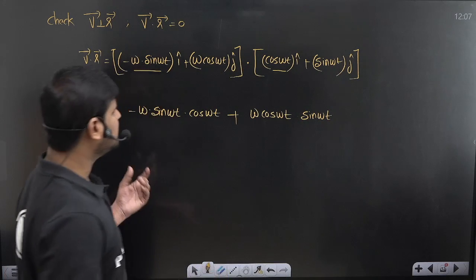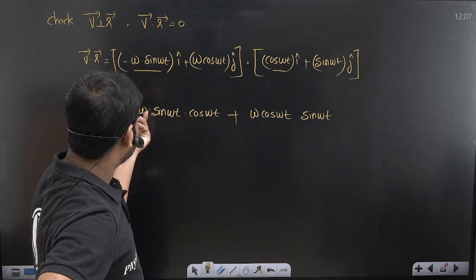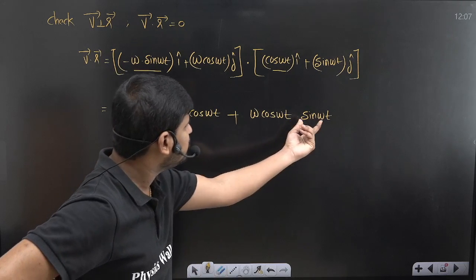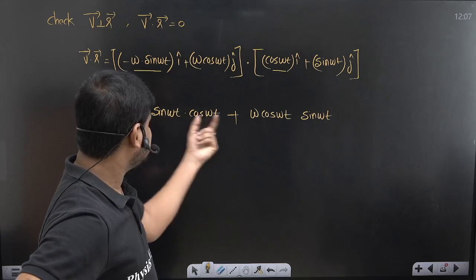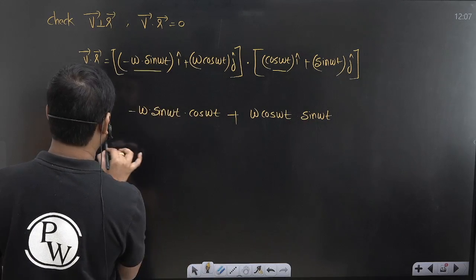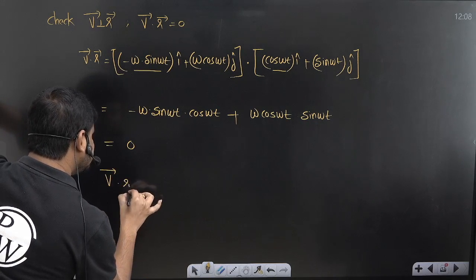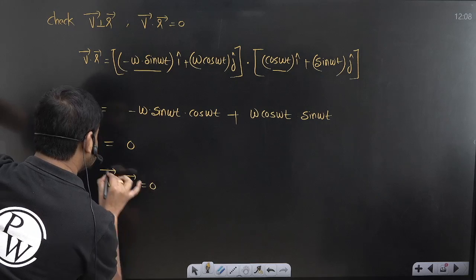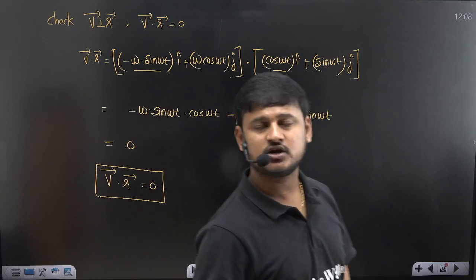If you observe here, this is sin omega t cos omega t into omega with a minus, and here also sin omega t cos omega t omega with a plus, and both are the same. So the total comes out to be 0. So that means the velocity is perpendicular to position.